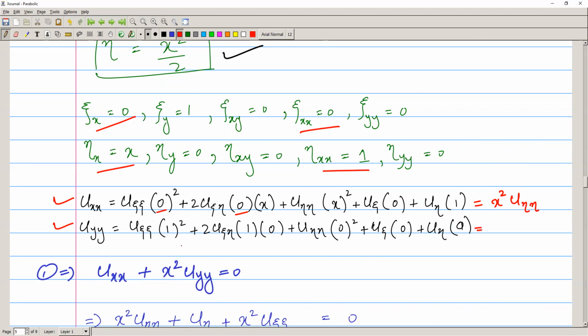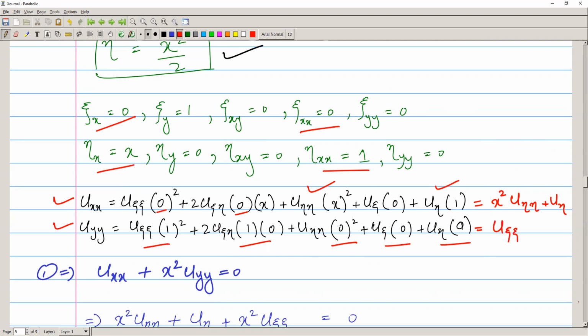And here this is 0, this is 0, this is 0, this is 0, and here, sorry, u eta will also come here, right? This u eta. So only two non-zero terms, this and this, and here we have only one non-zero term, that is u psi psi.